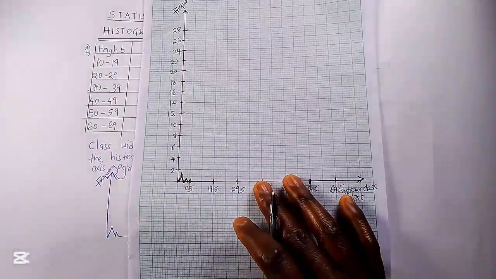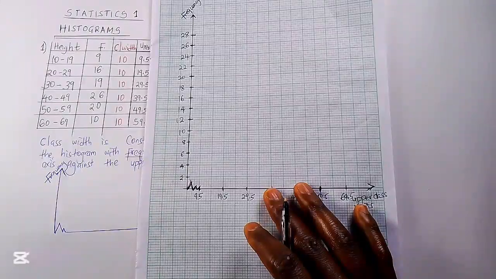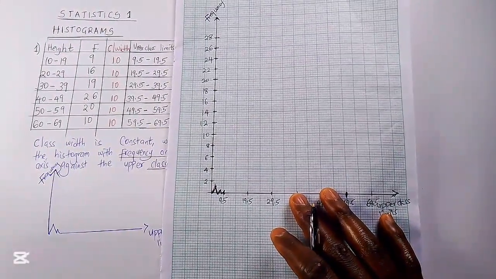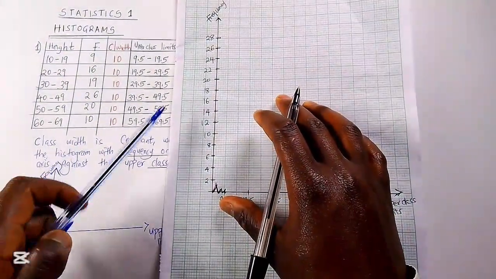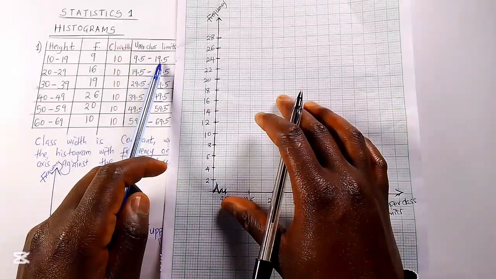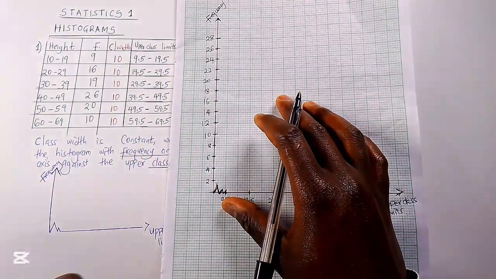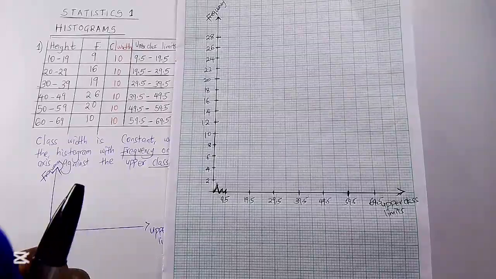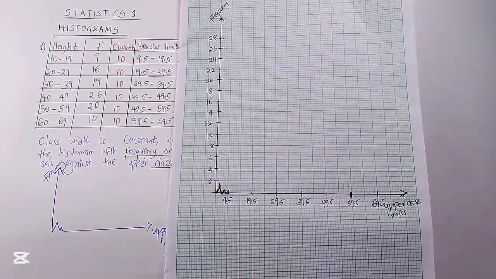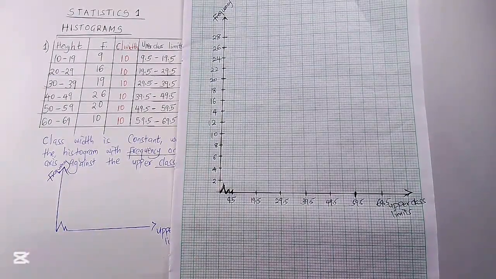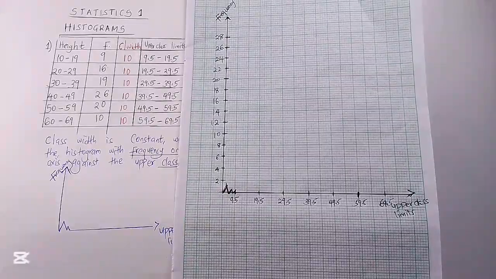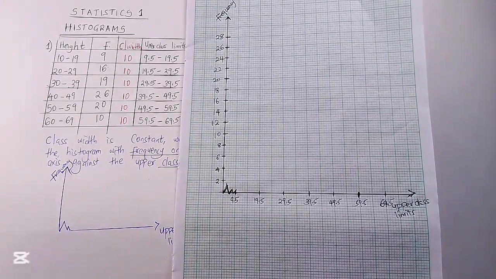So once we have that, for us now to draw our histogram, we will draw it from this angle. From 9.5 to 19.5, our frequency is 9. So our frequency being 9, we will use our ruler, and this is how we go about it. Allow me to use the lead pen.